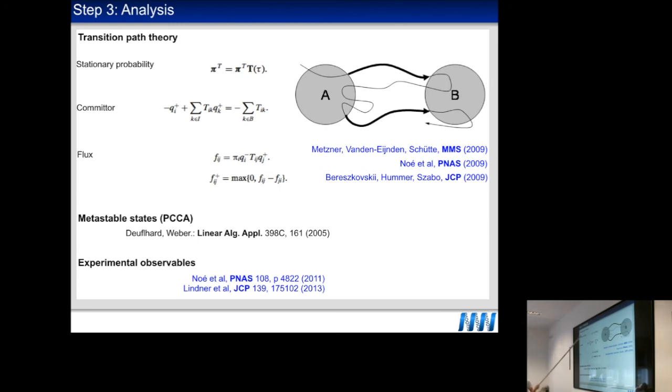One way, for example, to do that is to apply transition path theory that allows you to compute transition pathways from some set of states A to some set of states B, like the ensemble of folding pathways, for example. You can ask what are the metastable states, so which of these clusters do I need to group together to get the long-lived states? You can compute experimental observables, and many tools to do all of this stuff are in PyEMMA.